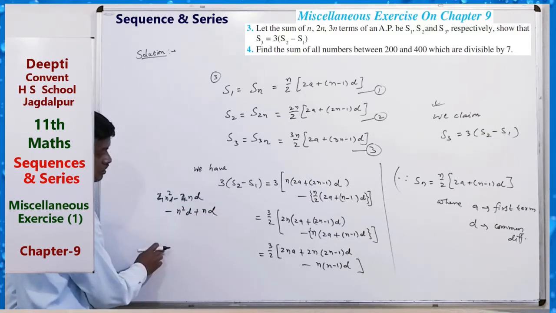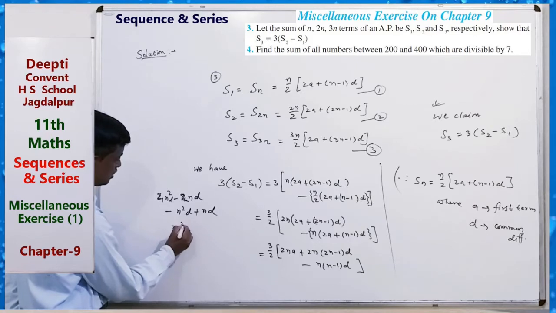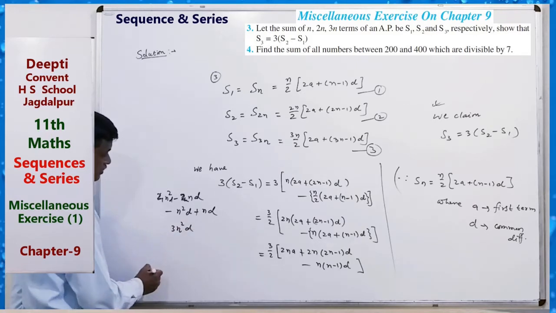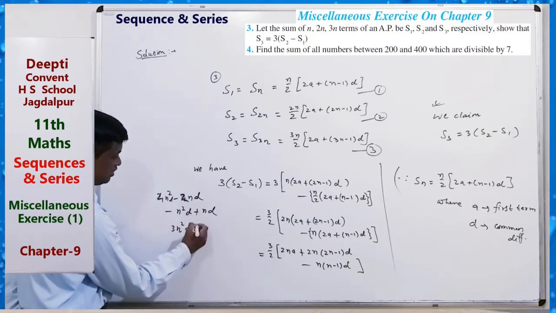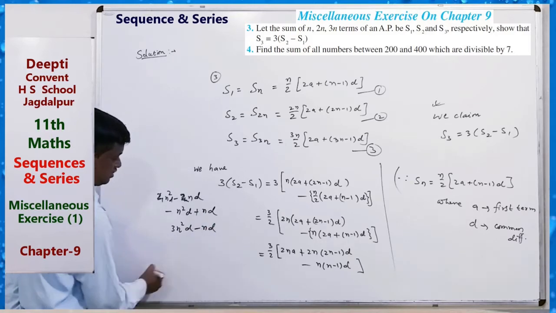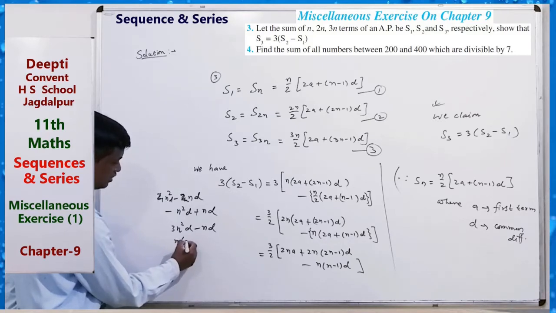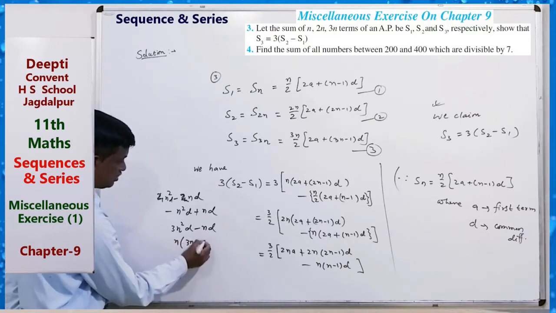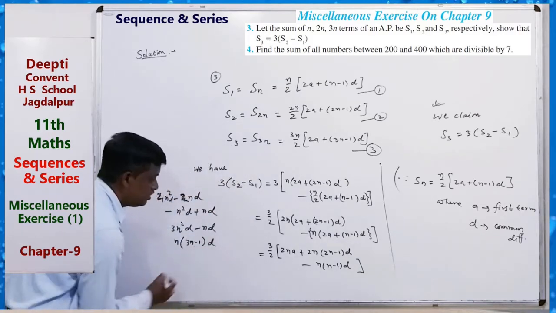Here 4n square d minus n square d is 3n square d, minus 2nd plus nd means minus nd. So from here we can take common n and 3n minus 1 d. Okay, so 3n minus 1 d is also common.